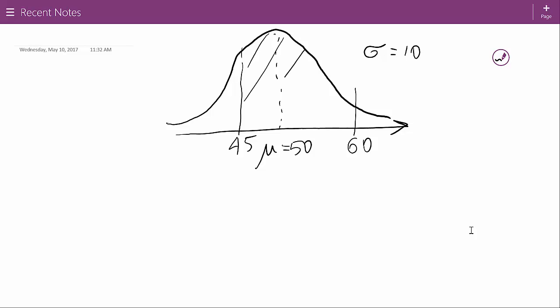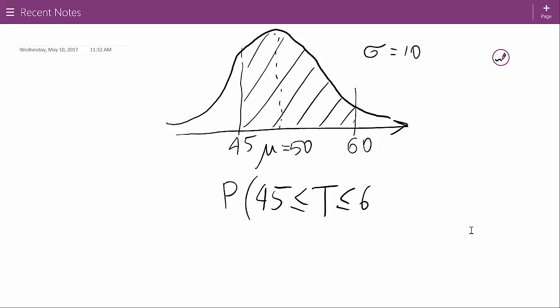So all this shaded area is my probability that time to assemble a computer is between 45 and 60 minutes. And I'll show that with an arrow right there. That's what I'm looking for graphically speaking.